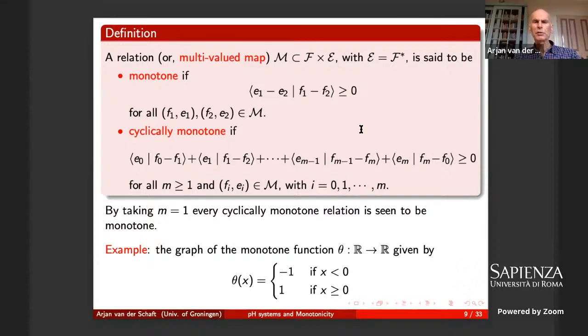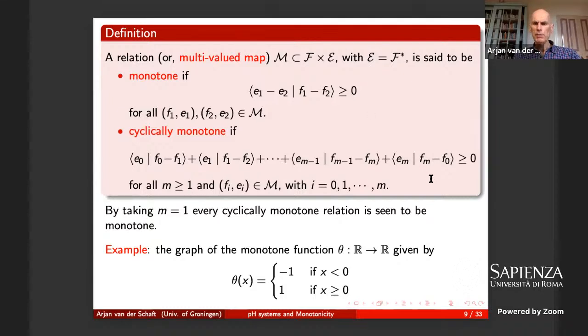There is a strengthened property, which is called cyclically monotone, if in fact for all m, this inequality holds, for all (Fi, Ei) in the subset M of F times E. So by just taking m equal to 2, you see in fact that this inequality reduces to the former inequality.